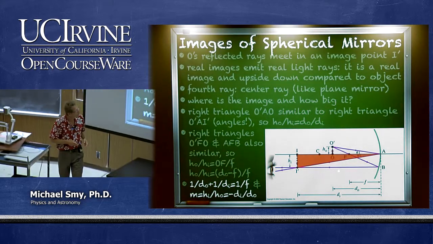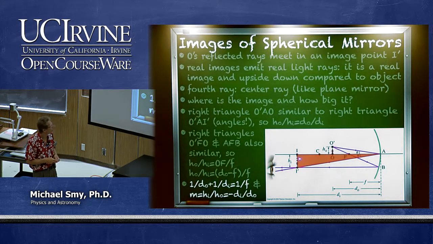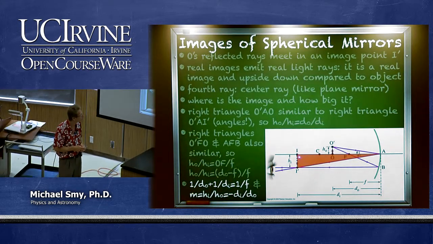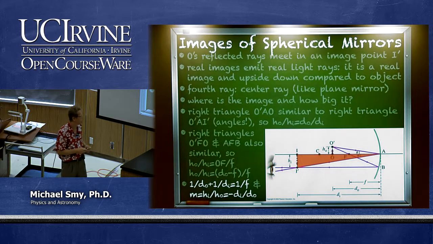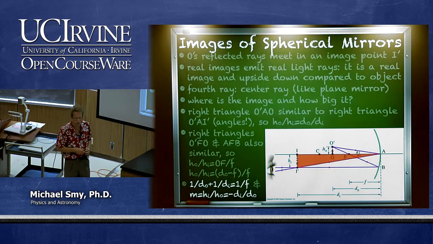And now we observe that all 3 angles are similar. This angle must be equal to that angle because of the law of reflection. And this angle is a right angle by construction, and this angle is a right angle by construction. So we have 2 angles that are the same, and therefore the 3rd angle must also be the same.